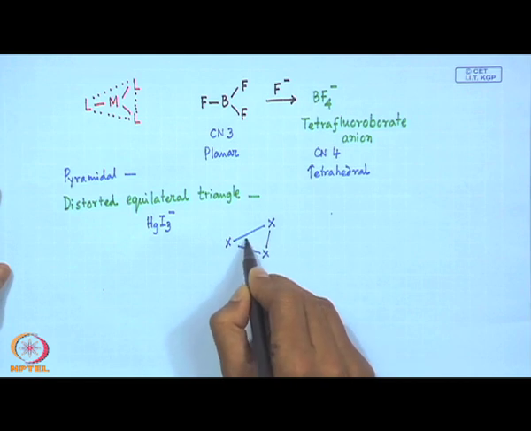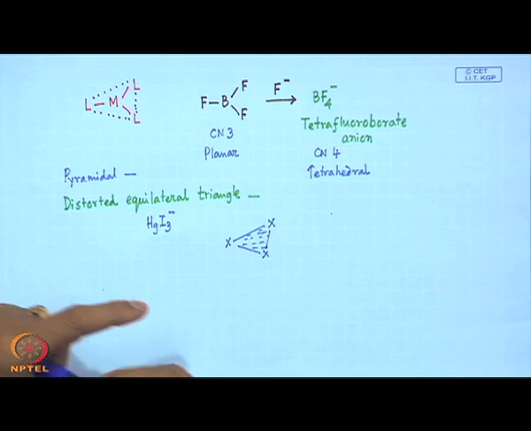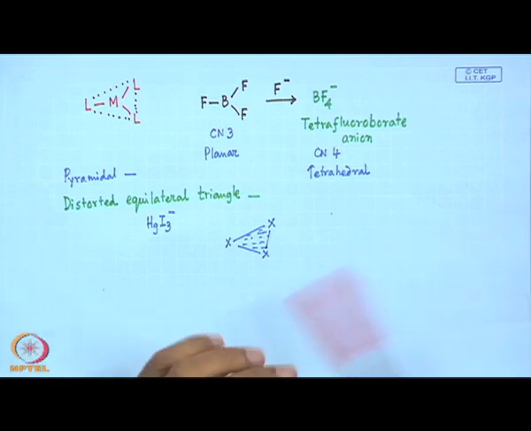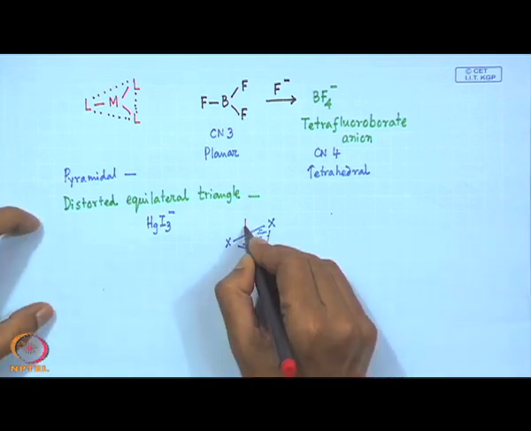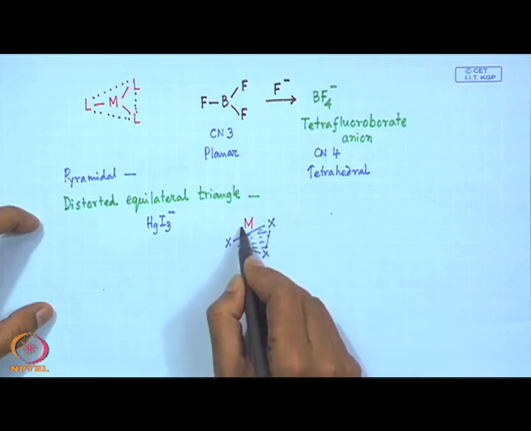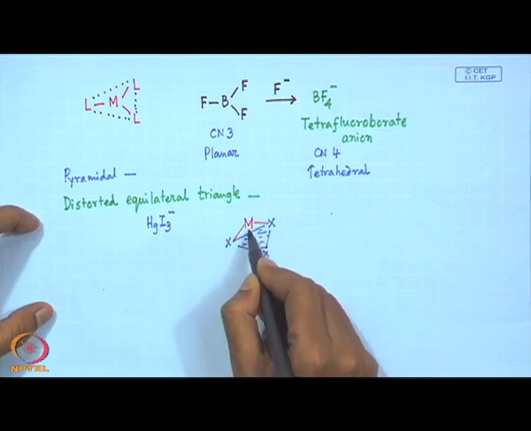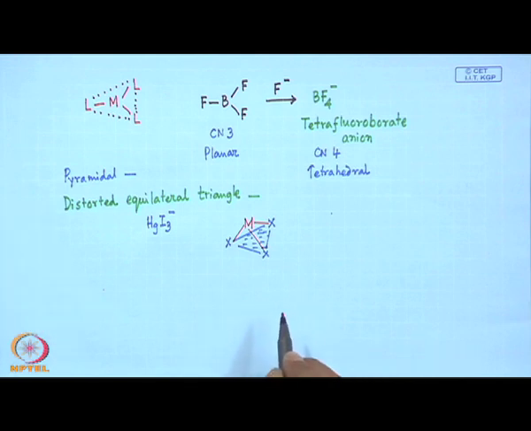If these 3 ligands are in plane and if the metal center is sitting above, we get a pyramidal geometry.